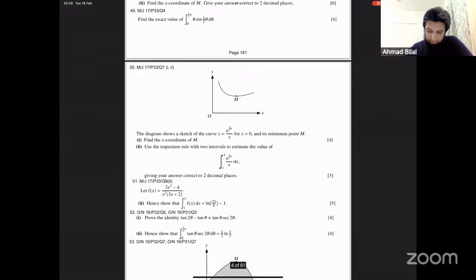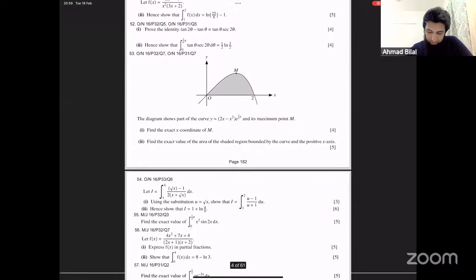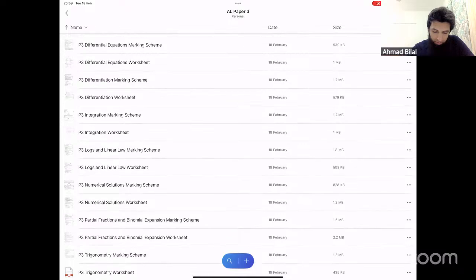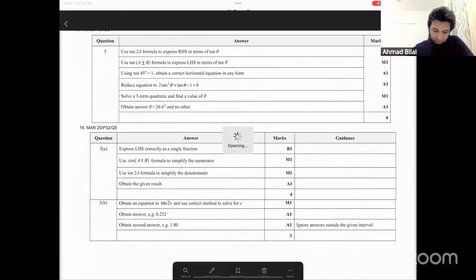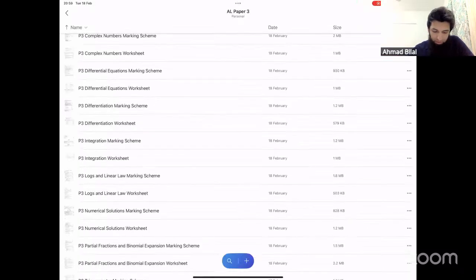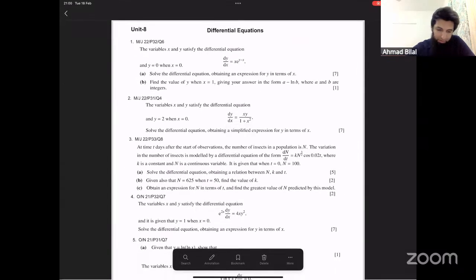फिर तो इंटीग्रेशन नहीं है. नेमिंग गलत हो गया, मुझे लगता है कि मसला इसमें. मार्किंग स्कीम है. Trig. This is differentiation.